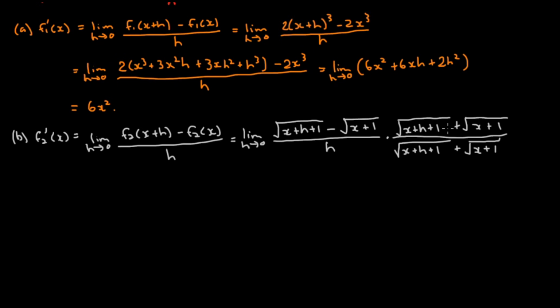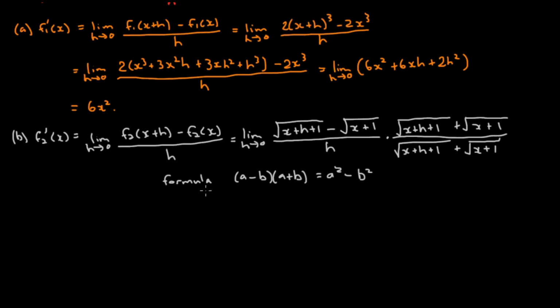Now you might recognize this product of numerators here by the formula for real numbers a and b, a minus b times a plus b equals a squared minus b squared.